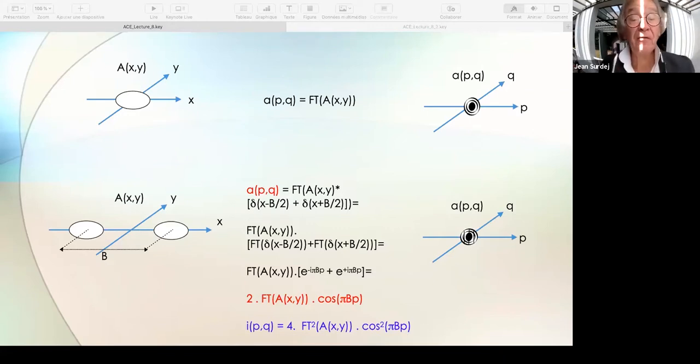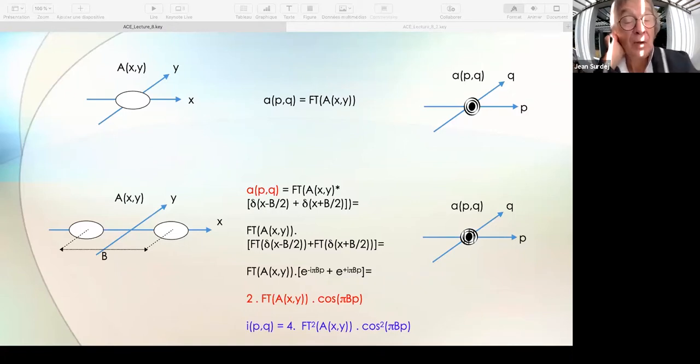And the two Dirac functions indicate where the centers of the two apertures are located. And so you see, this is the first equation in the second row, the Fourier transform of the convolution product of A by the summation of the two Dirac functions.